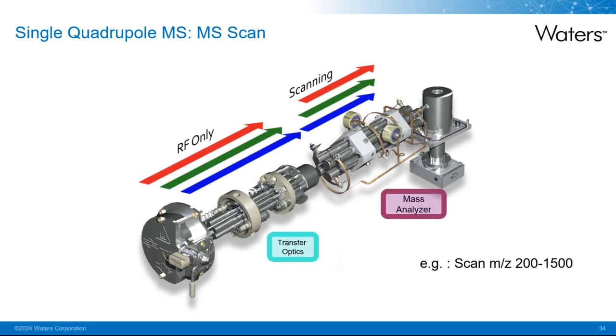Once the instrument has passed through the mass range of interest, it repeats. This can be done really quickly, allowing the user to acquire a scan in milliseconds, and this produces what's known as a total ion chromatogram, or TIC. For example, we may be scanning the mass-to-charge range of 200 to 1500, just as an example.